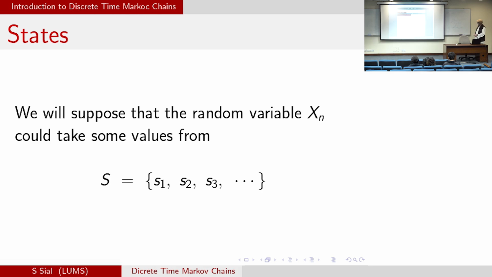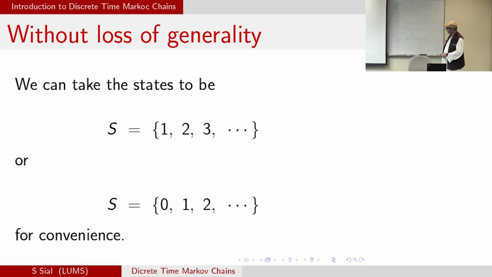Let's say that xn had some probability of being in the state s1. Well, we could define a new variable, yn, and say that yn takes the value 1 if xn is in state s1, and it takes the value 2 if xn is in the state s2, and so on. So we may as well just suppose that if you have a discrete set of states, we could just call those states 1, 2, 3, and so on.